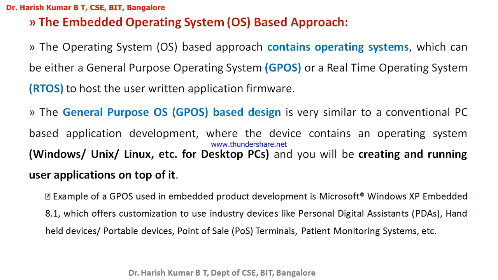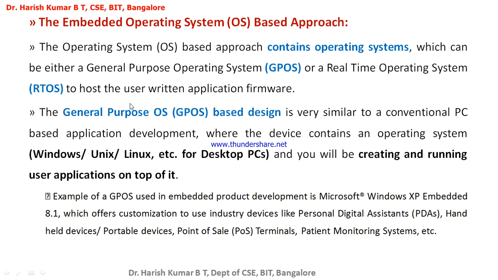When I say general purpose operating system, this is very similar to the conventional desktop PC's operating system, for example Windows, Unix, Linux, etc. for desktop PCs. Using this general purpose operating system, you can create and run user applications on top of it. Examples are Windows, Linux, Unix, Mac operating system, Ubuntu, etc.